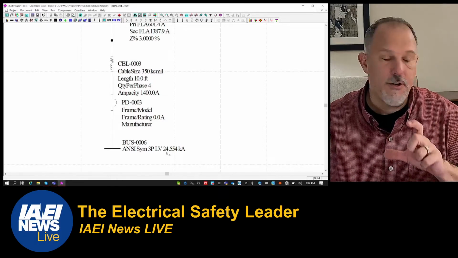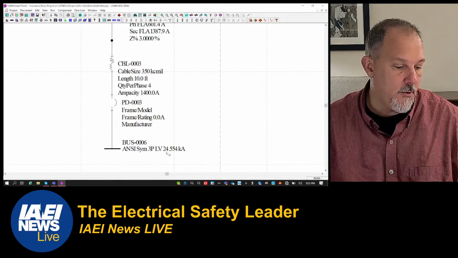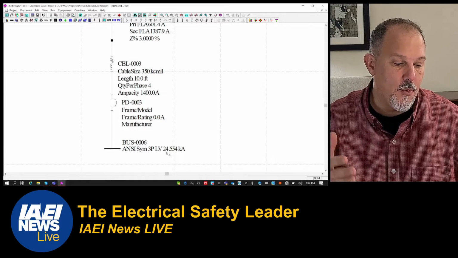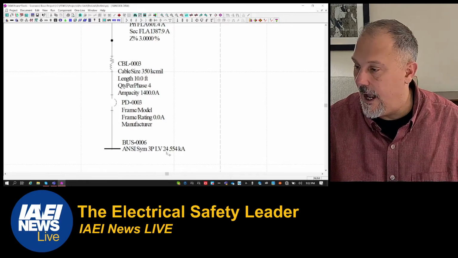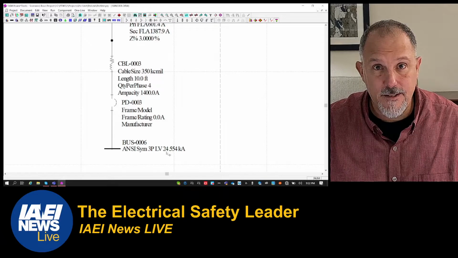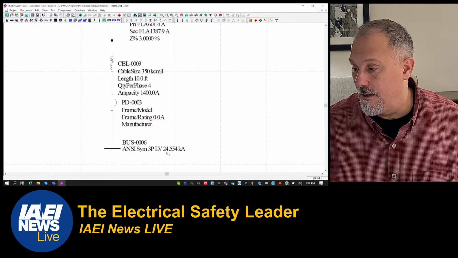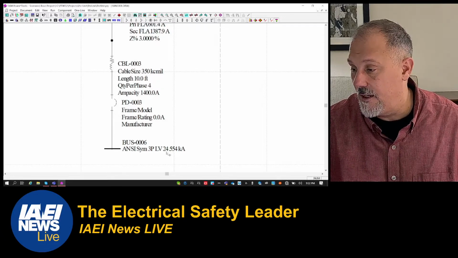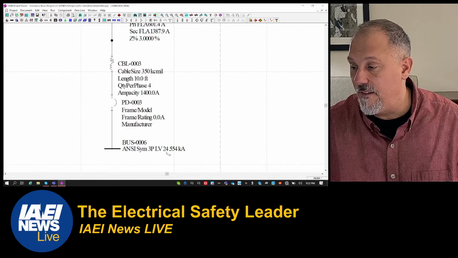With a 500 horsepower motor, we went to 23.9. And then with a 1,000 horsepower motor, with the same impedance values, I went to 24.5.